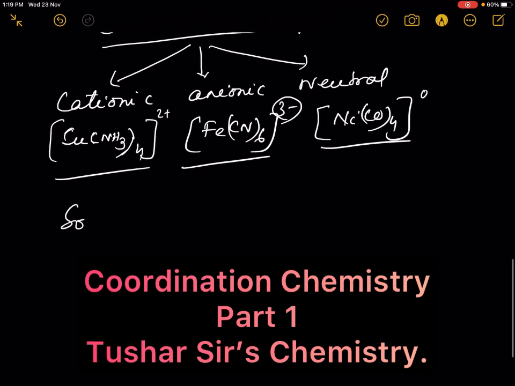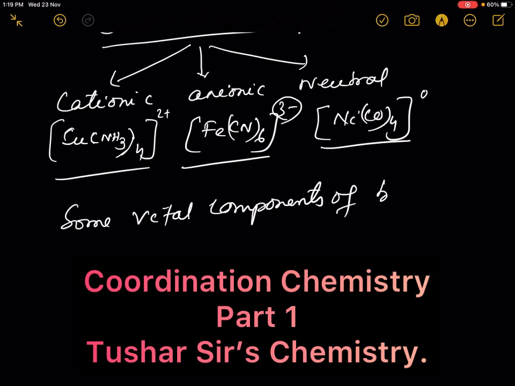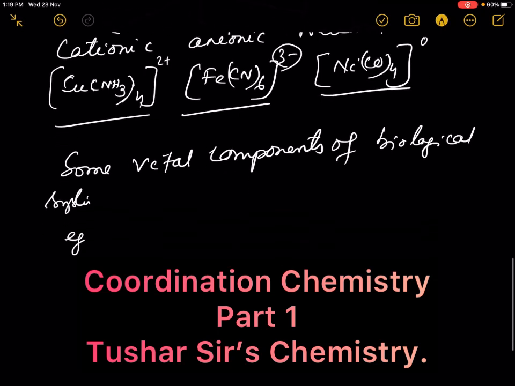Some vital components of biological systems are coordination compounds. For example, chlorophyll is a coordination compound of magnesium.